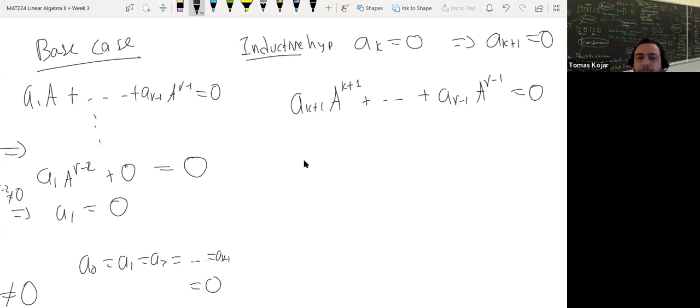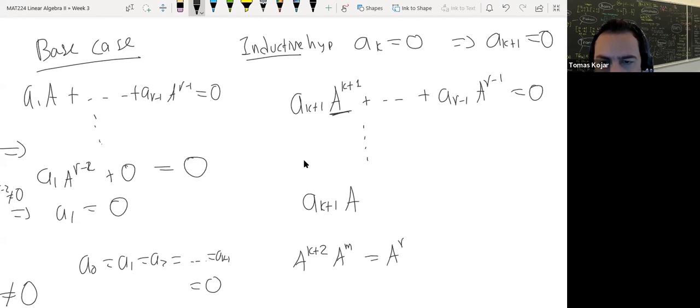And now you run down your argument again. So you do it once again, and you're left with a_{k+1}. What is it? I multiply this one enough times to kill all the other ones. So I have A^{k+2}, and I multiply it by enough, say M, so that this will equal A^r.